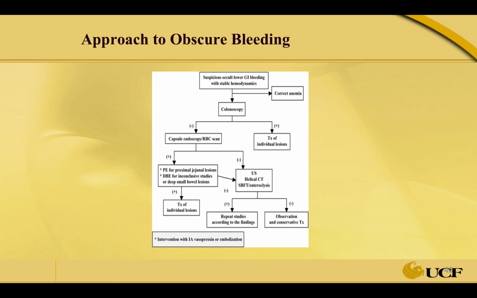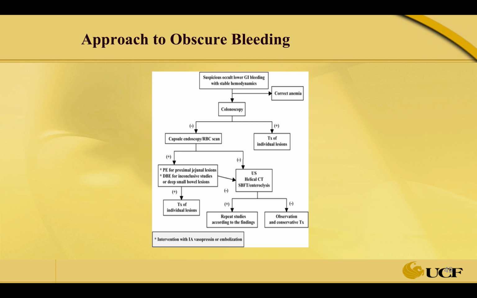For patients that have a negative colonoscopy and we resort to capsule endoscopy and RBC scan, if that intervention is negative, then we can do ultrasounds, or order a helical CT scan. But if that is positive, we need to concentrate on a physical exam for proximal jejunal lesions, look for inconclusive studies or deep small bowel lesions, and ultimately the treatment of those individual lesions if they are identified.